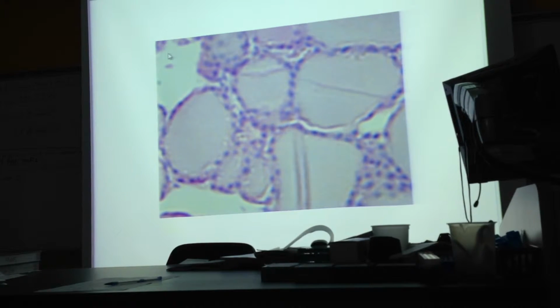Now, what do T3 and T4 do? They basically regulate what we call your basal metabolic rate. In other words, oxygen use, cellular metabolism, breakdown of glucose and fats, catabolism, protein synthesis, growth and development.